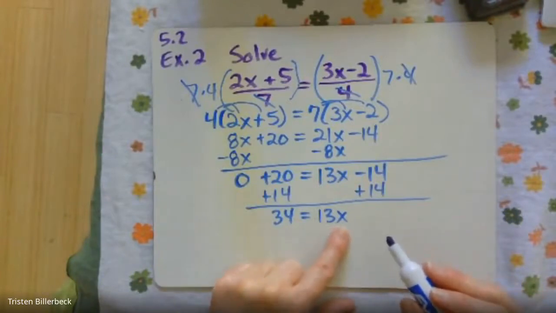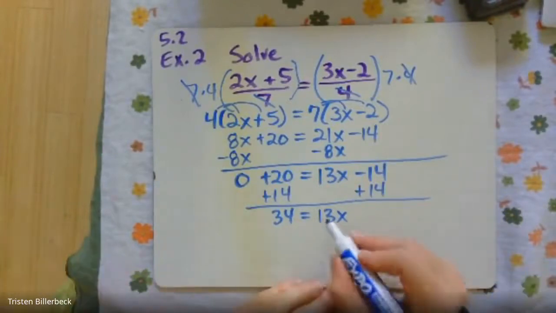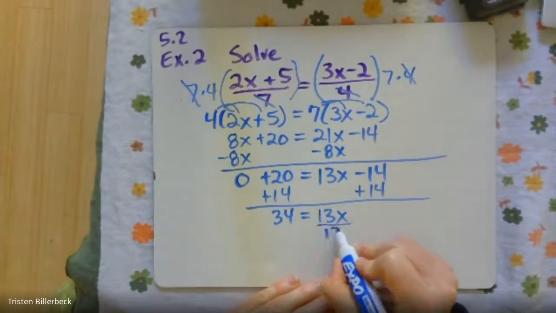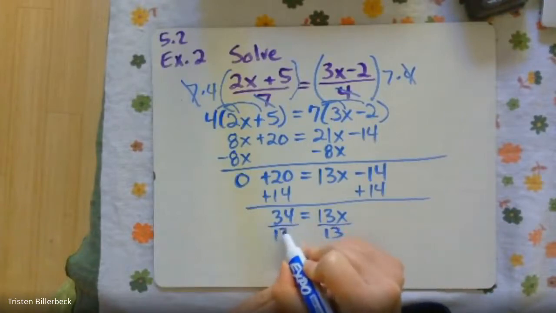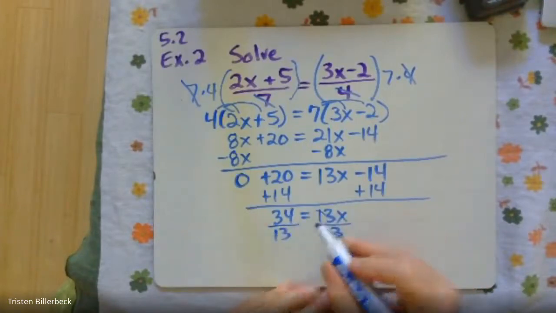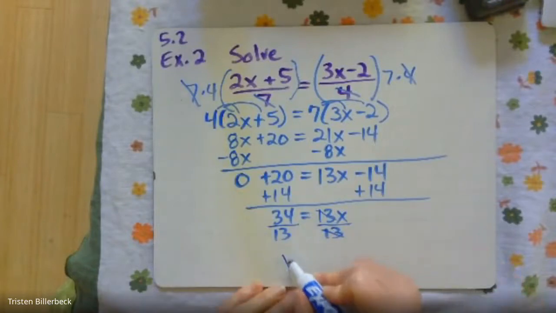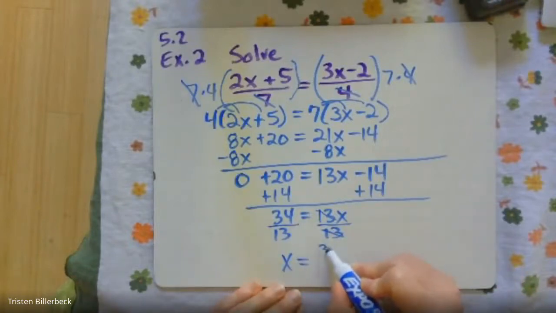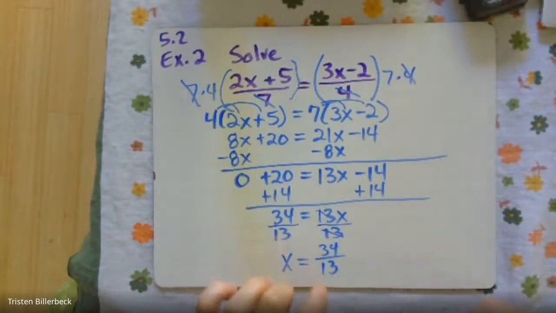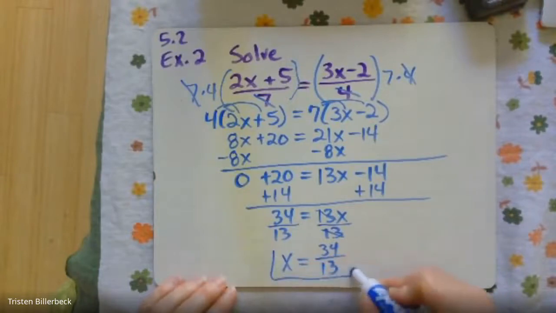So we have 13 times x, the opposite of multiplication is division, so we divide by 13. And then we get this relatively nasty fraction. Okay, so 34 divided by 13, and we can leave it right there.